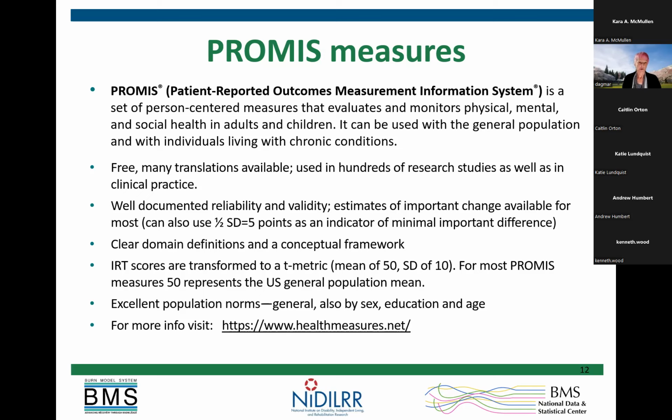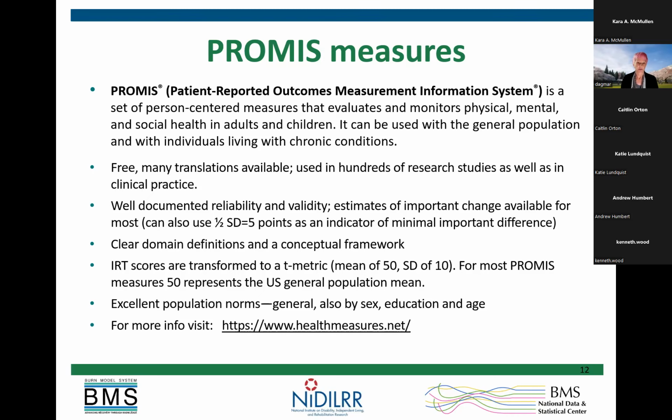And for most Promise measures, the score of 50 represents the US general population mean, which gives us an immediate interpretation of the score. There are also excellent population norms. So you can look at the score in general, or you can look at the scores by sex, education, and age.